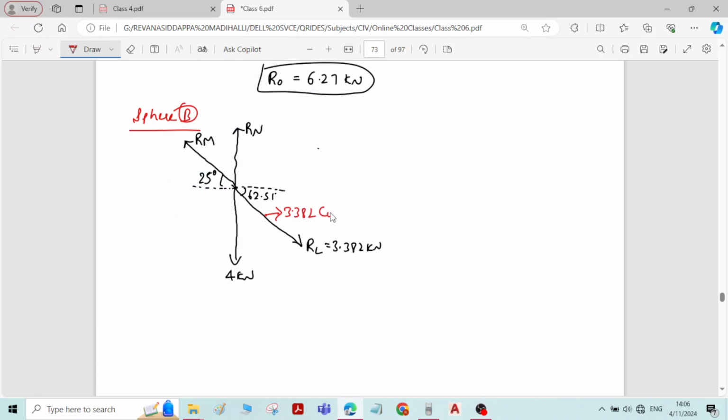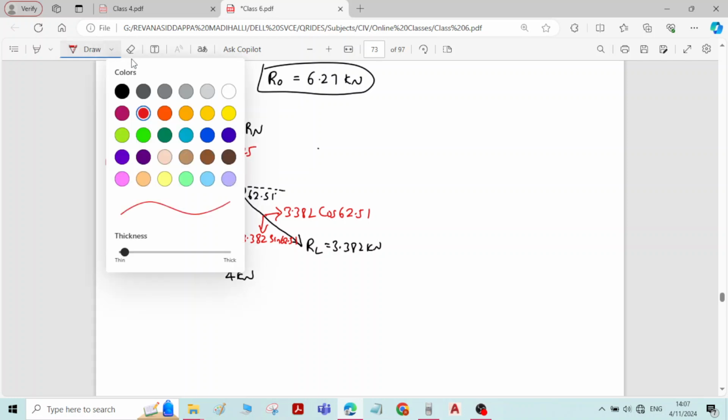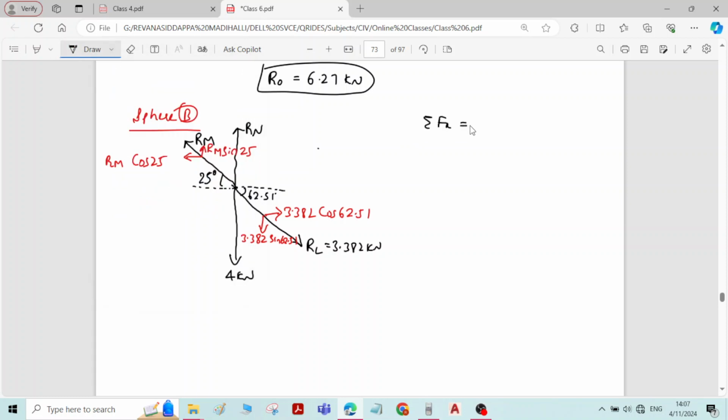Now write the components for inclined forces. Horizontal component of RL is 3.382 cos 62.51. Vertical component is 3.382 sin 62.51. For RM force, horizontal component is RM cos 25, vertical component is RM sin 25. Now apply equilibrium condition. First, sigma Fx is equal to 0.